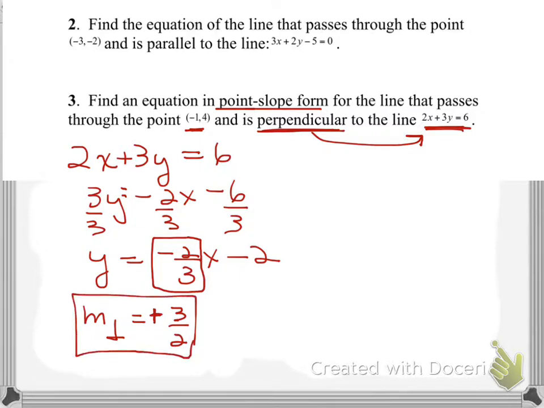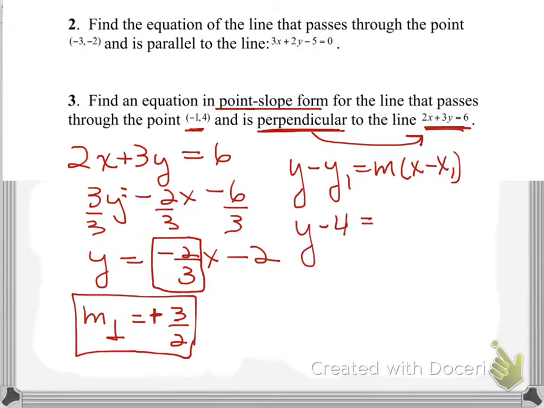Now in point-slope form, again, our favorite form of a line, your y1 is 4. y minus 4 equals, your slope that we need is 3/2, and then very carefully, x minus a minus 1 gives me x plus 1. Done. And that ends the lines parallel, perpendicular, and writing lines in different forms sections.